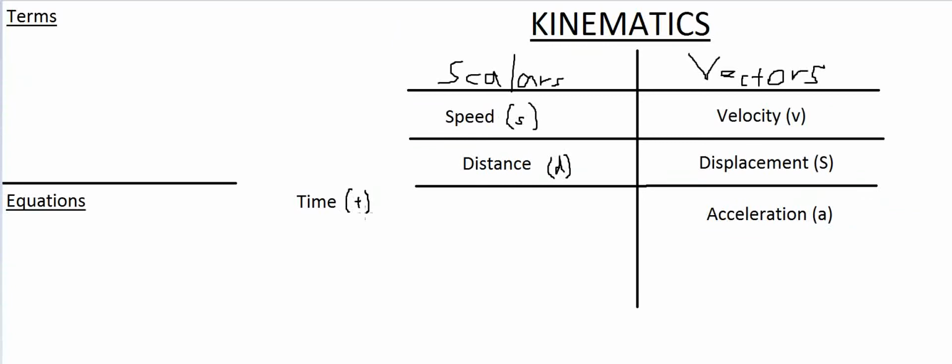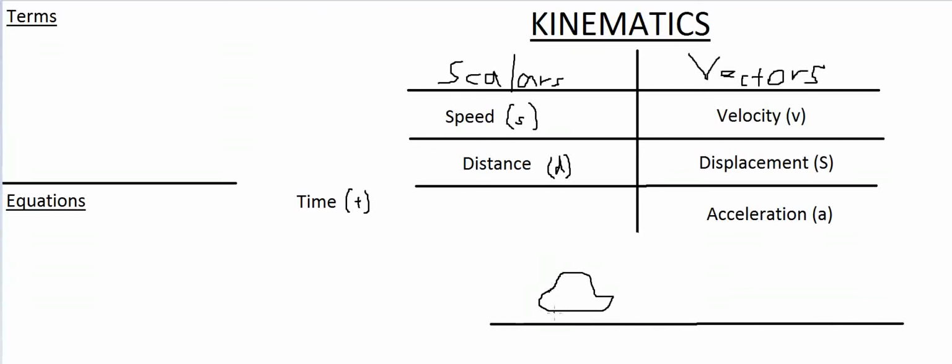I've kind of explained the difference between scalars and vectors just now, but I'll explain the difference between these two again. Let's say you have a road, and a car traveling on the road.